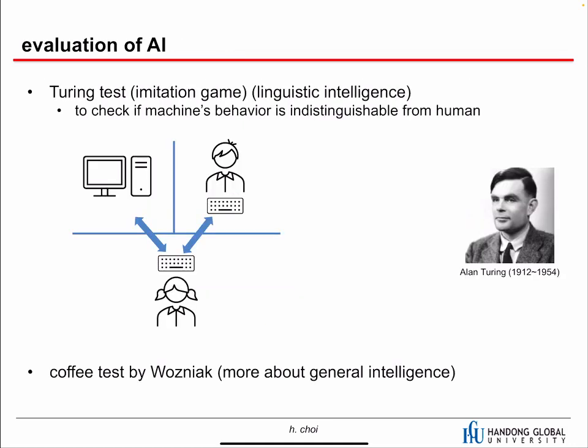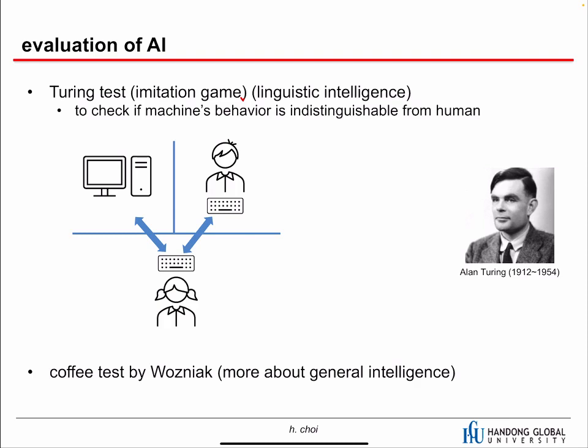Okay, so now we understand what AI is and what kind of approaches we have. In engineering, without an evaluation metric, we don't know how to build up a system. We don't know how to compare which one is better than the others. So we need some evaluation metric. Likewise, for AI, we need some evaluation metric for how intelligent it is. Alan Turing was the first to propose an evaluation of AI, which is the Turing test, also known as the imitation game, and it is all about linguistic intelligence.